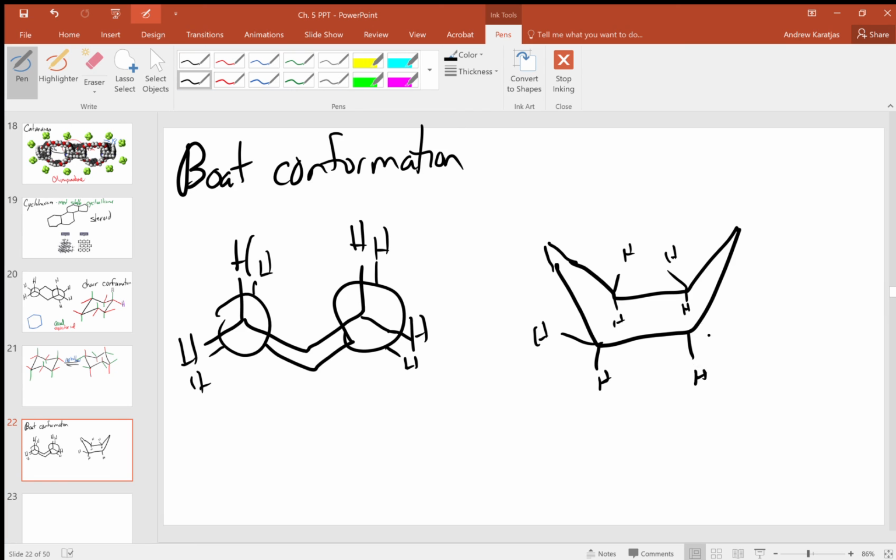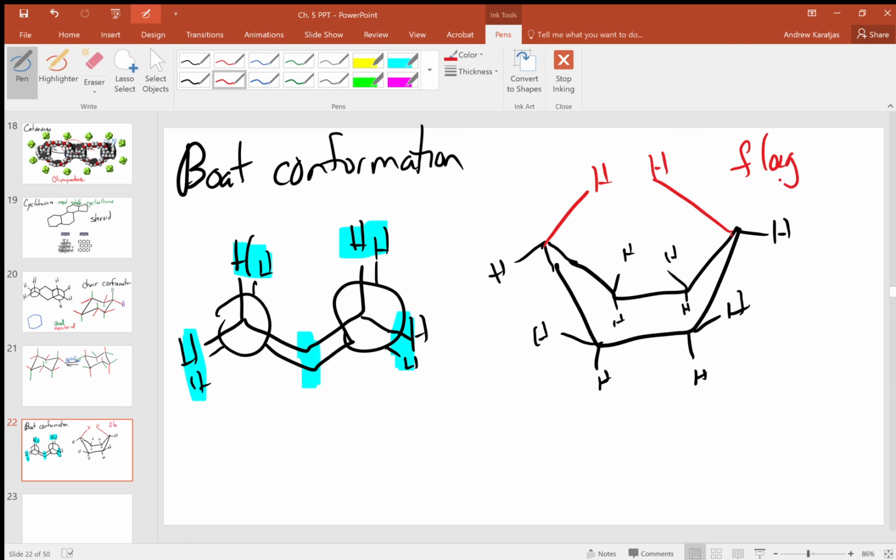One we've already seen, that's the fact that we have all these eclipsing interactions, but we also have an additional issue. So these two hydrogens sticking up from the boat, and yes, we're going to continue with the boat analogy, these are known as the flagpole hydrogens.